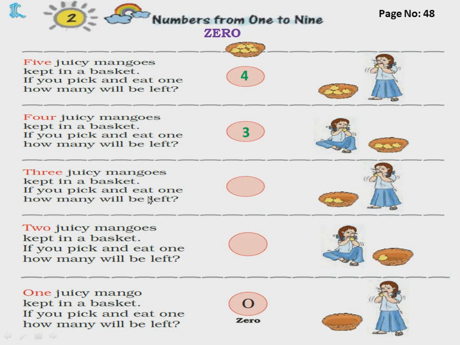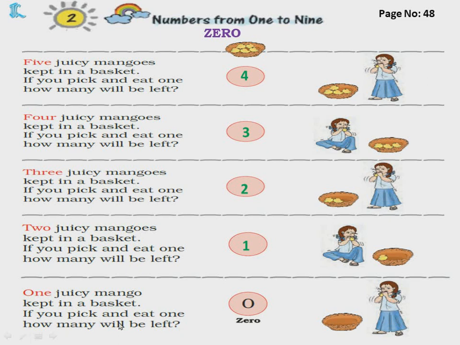If you pick and eat one, how many will be left? 1, 2. Next, 2 juicy mangoes kept in a basket. If you pick and eat one, how many will be left? How many are left in the basket? 1.